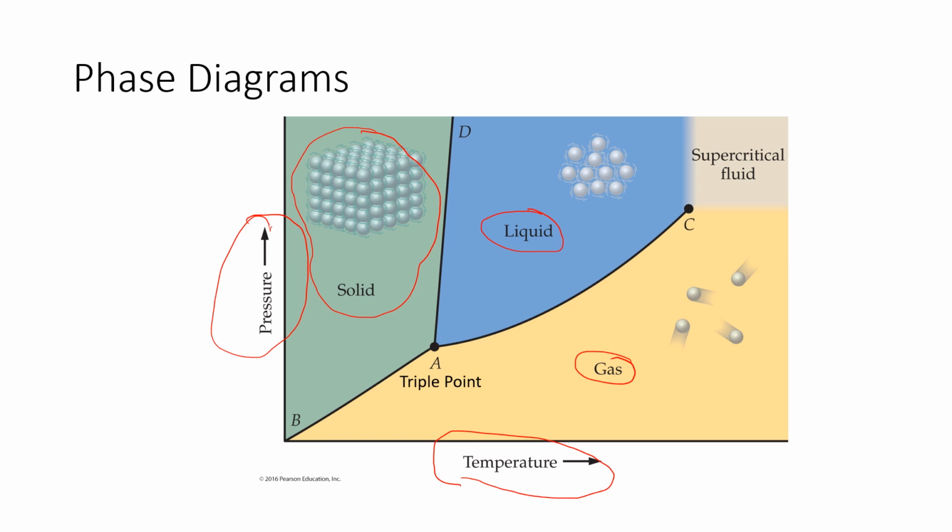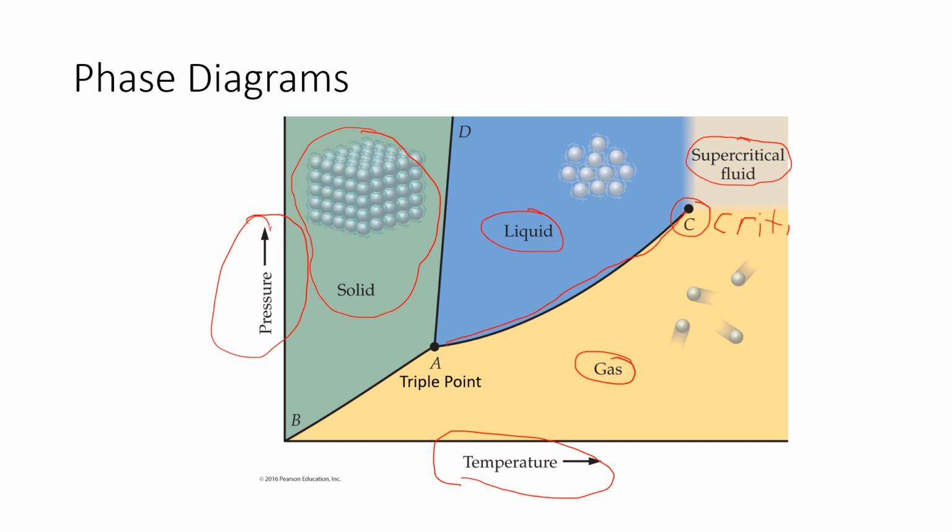There's also another phase mentioned up here, called a supercritical fluid. This is a different state of matter that is somewhat like a liquid, somewhat like a gas, and it occurs at temperatures and pressures beyond this point here. Notice that this line that separates the liquid and the gas terminates at that point, and that point is known as the critical point.